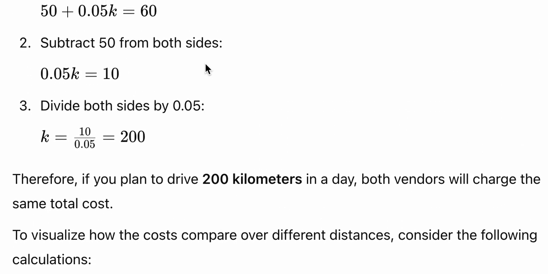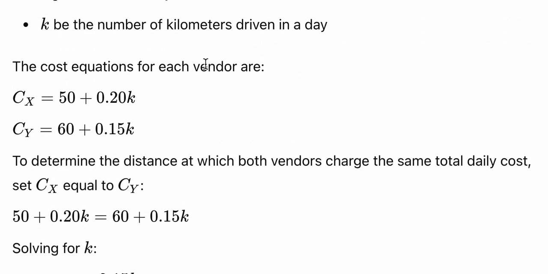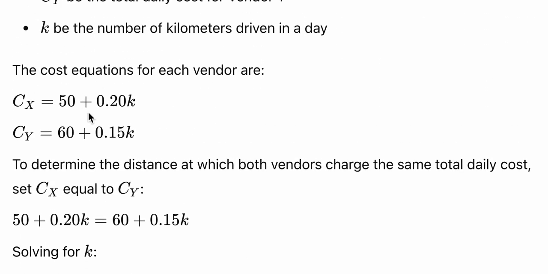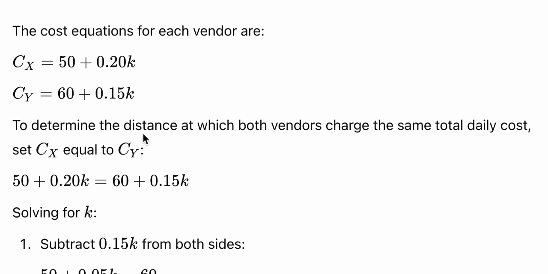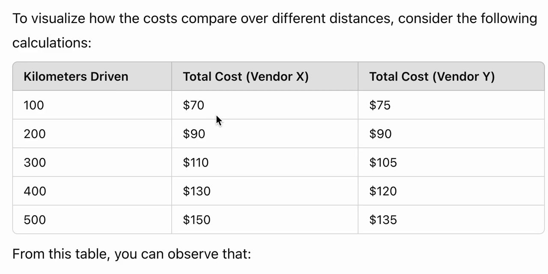You just substitute into the equations: 50 plus 0.20 times 100. In place of k, you substitute these numbers. So when you substitute 200, you get 90. For 300, you get 110. When you substitute 400 for k, you get 130, and so forth.